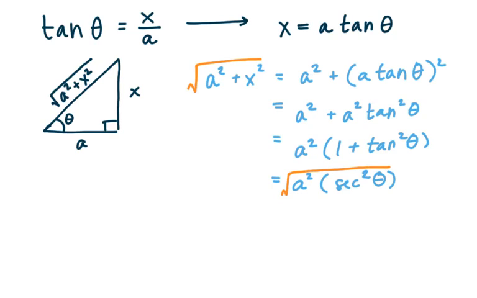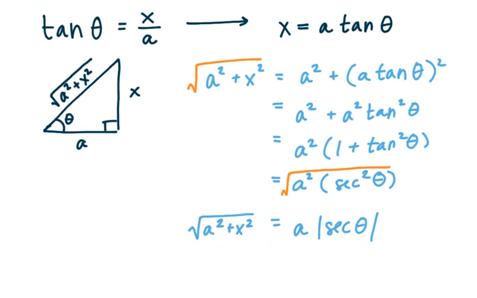And square rooting that, I end up with a times the absolute value of secant theta. And I have to use those absolute value bars because secant theta could give me a negative output. And if it's under the square root, it needs to be giving me a positive output. So here I have derived that last line that was on that first page.